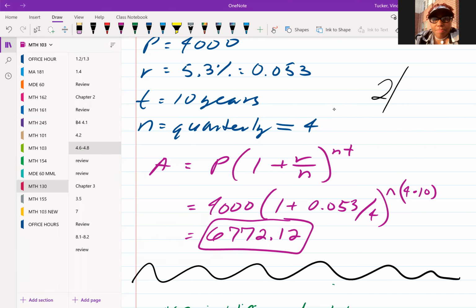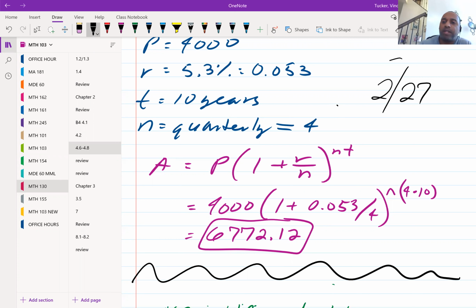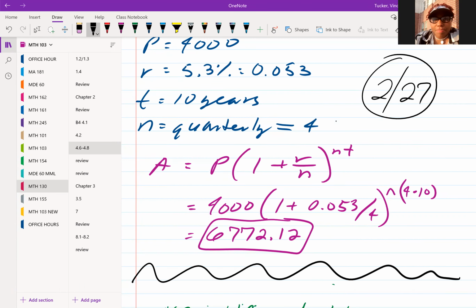Let's see. Today is the 9th. We want to put the 27th. I think that'd be enough time, right? February 27th, get chapter 10 done. That's not this Sunday, it's not next Sunday, but that's 3 Sundays. The 27th, for chapter 10's content.